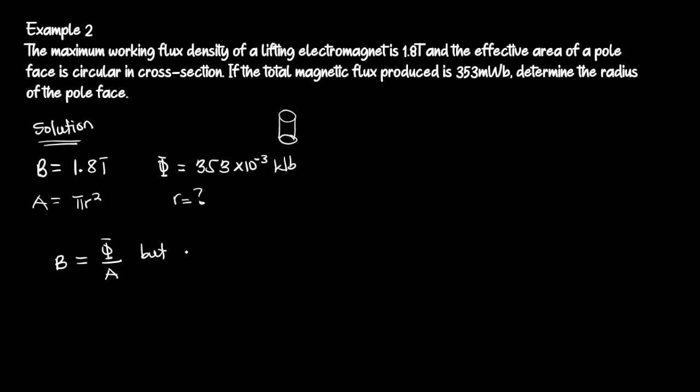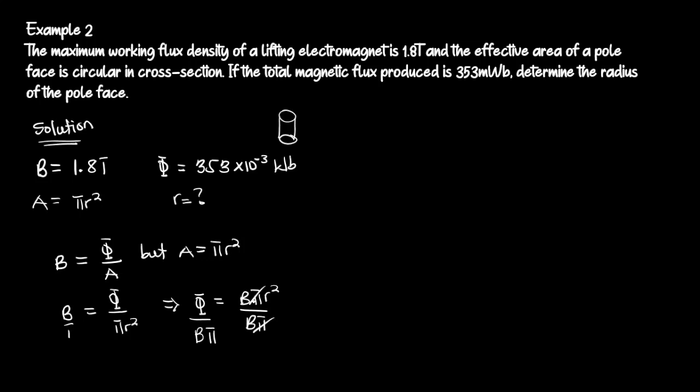But in this case, our area is equal to pi r square. So if we do the substitution, we have B is equal to phi over pi r square. From here I cross multiply, so my phi will be equal to B pi r square. For me to find r square, I will divide both sides by B pi.